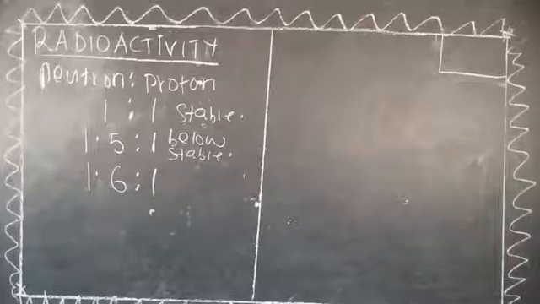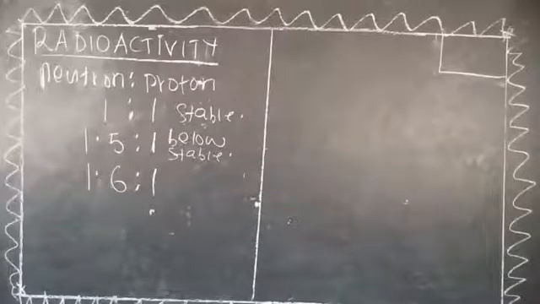These unstable nuclides undergo what we call radioactivity to attain stability. This is usually accompanied by emission of radiation in form of particles and energy, like we are going to see in our lesson today.